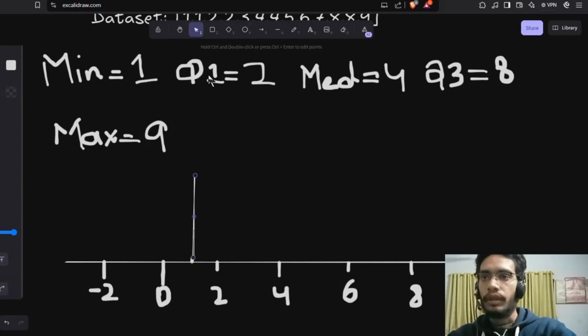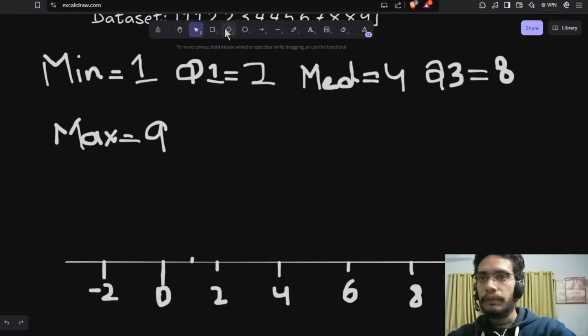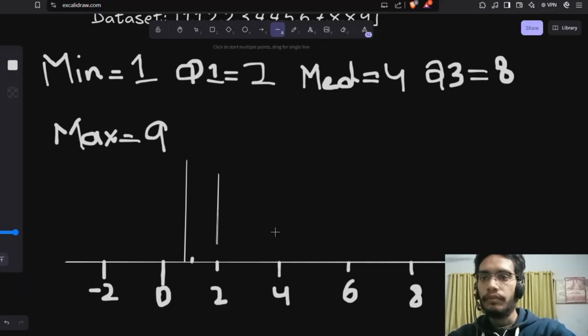Now Q1 lies at 2. Here you can see this is 2. The median lies at 4, so let me place this at 4.